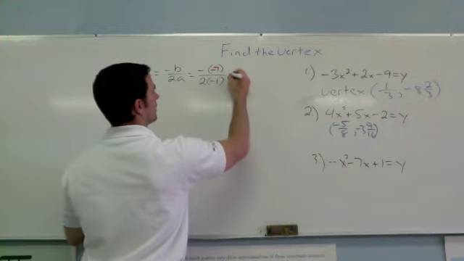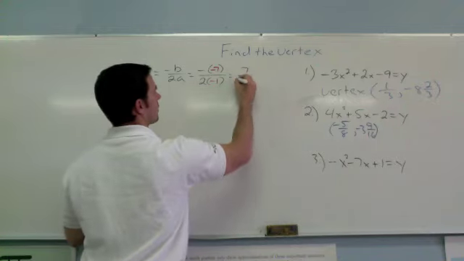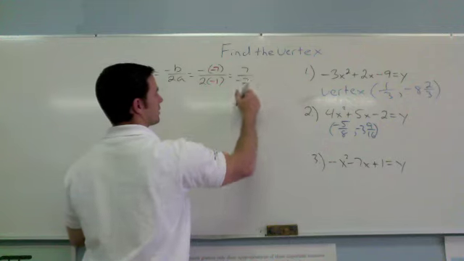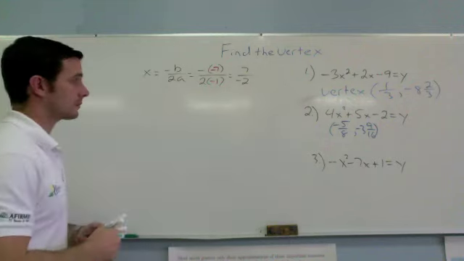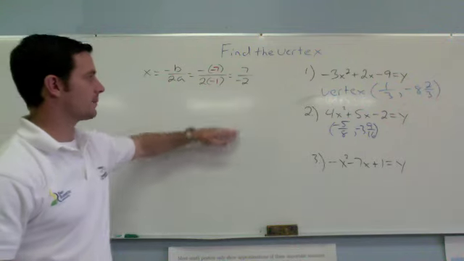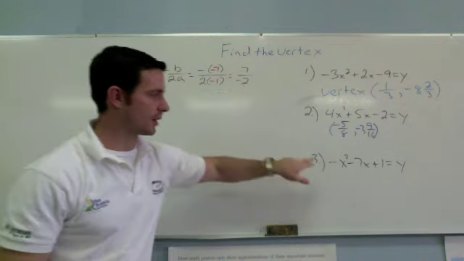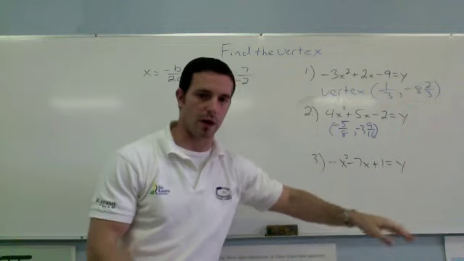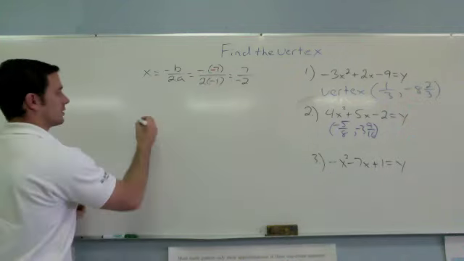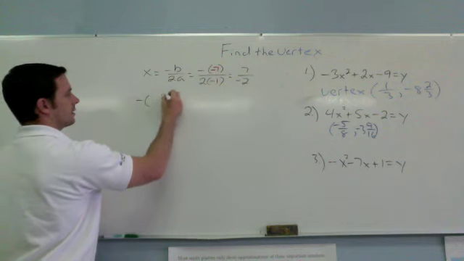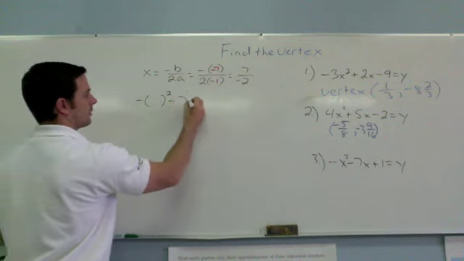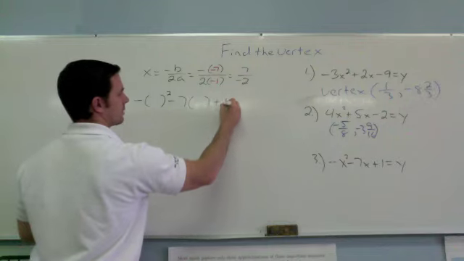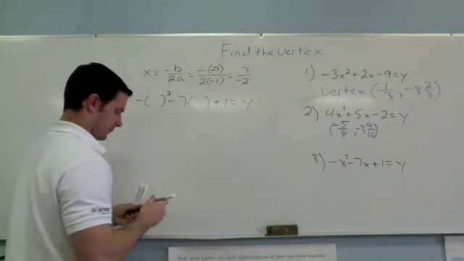This is going to give me positive 7 over negative 2, which is just negative 7/2. So I take my x value and I substitute it in to find my y value. So that's negative parentheses squared minus 7 parentheses plus 1 equal to y.